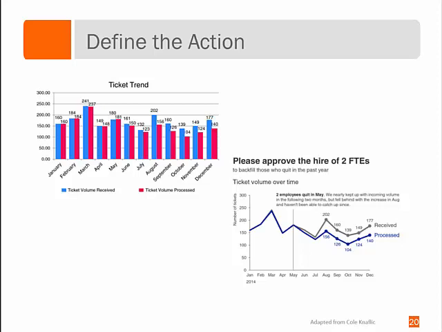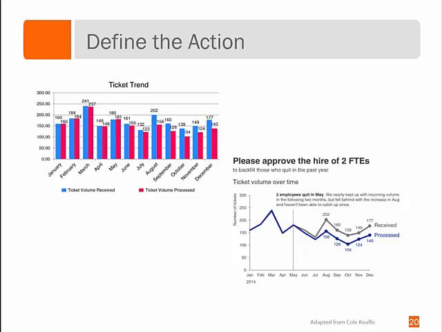Perhaps this is bug fixes for a software program or platform, or for an IT organization, on the ticket volume that came in and how many tickets they processed. We see the 12 months across the x-axis of time there, as well as the aggregate number of tickets that came in. We see different numbers like 160, 184, etc.